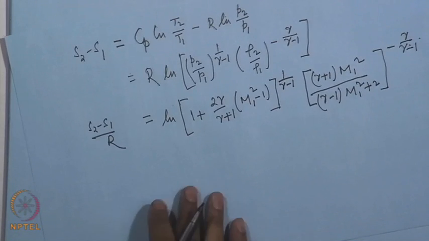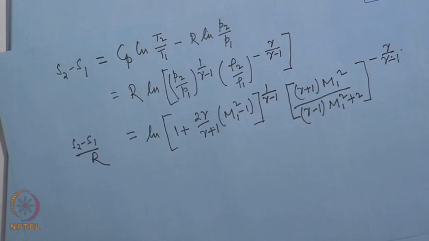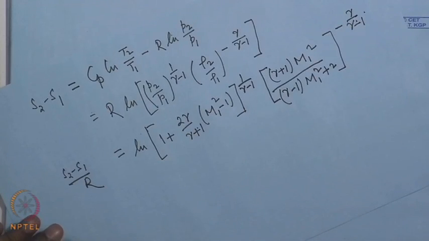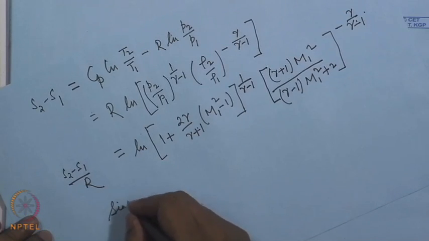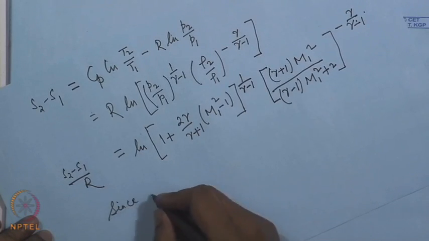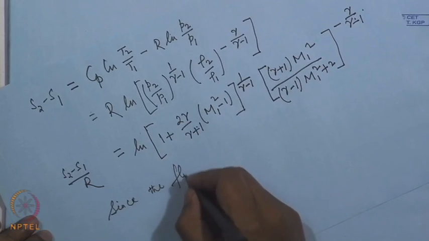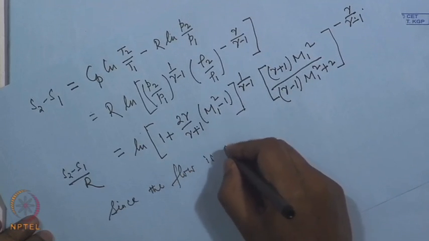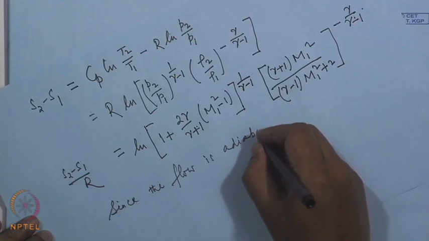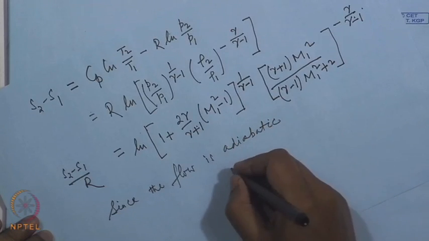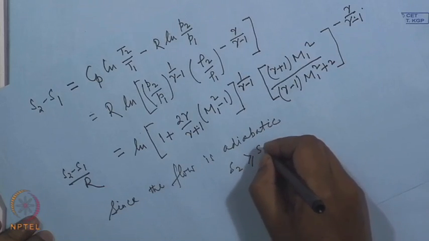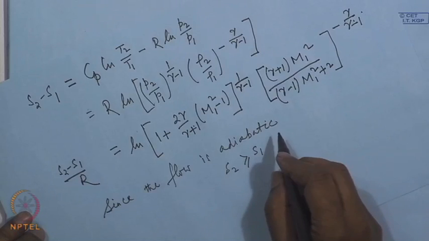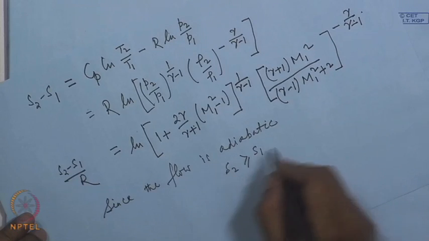Since the flow process that we have considered here is adiabatic, S2 must be greater than or equal to S1.